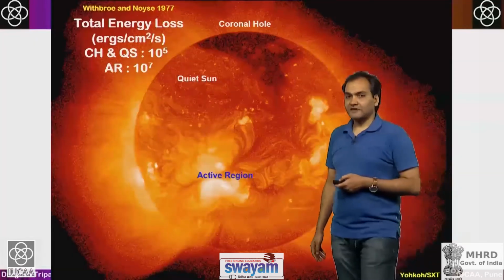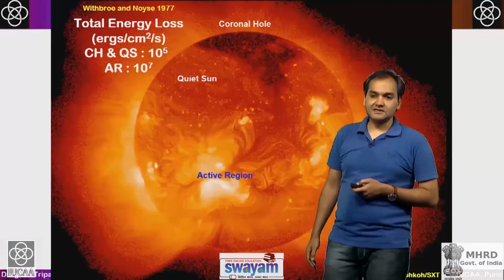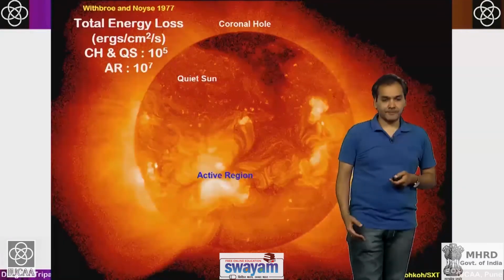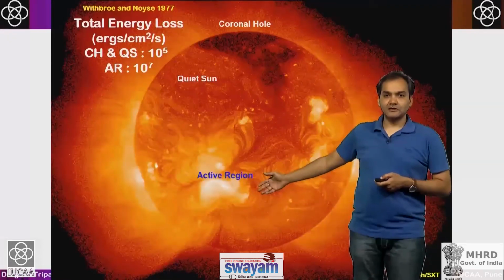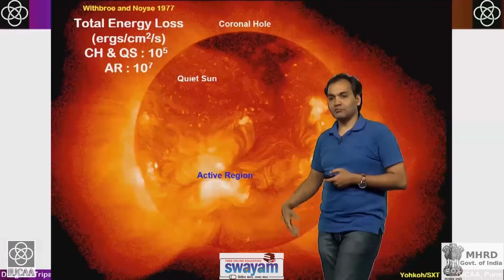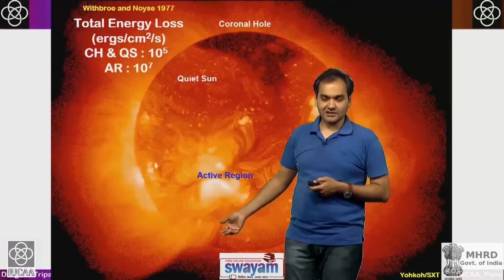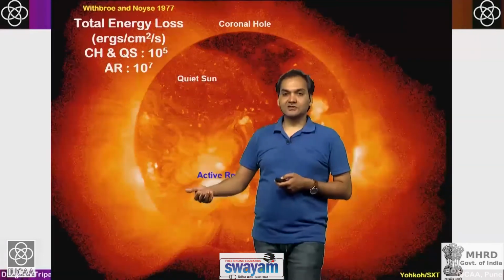Now, let us quantify how much heating is required. If there is a structure on the sun's surface that is radiating, to have it radiate for a long time you need to keep pumping in that much energy, and that is what coronal heating is: how do we provide so much energy into it.